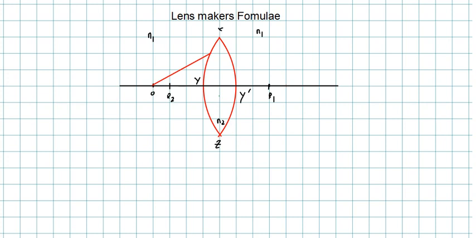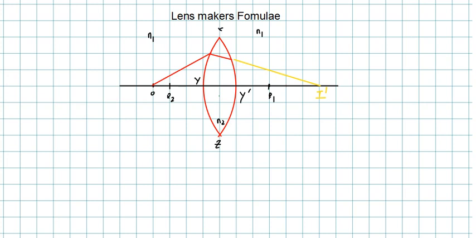After refraction, inside the medium the ray goes like this, and then it produces a virtual image somewhere here. This is I dash, the virtual image that the first surface XYZ produces.